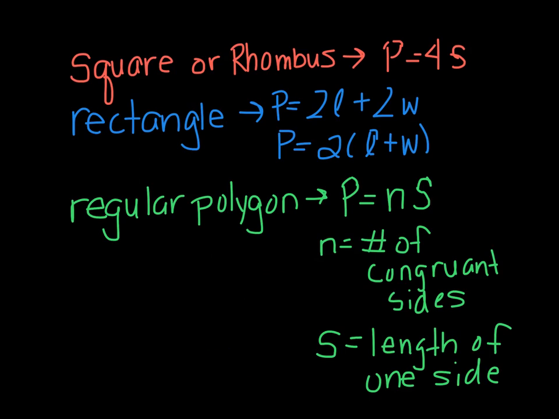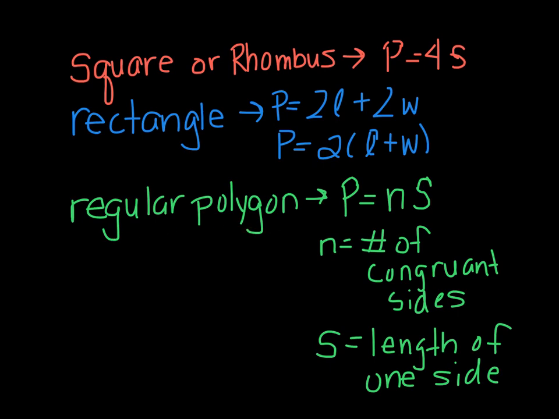Here are the other formulas that you'll need to write down in order to complete today's lesson, so you have them in your notes and can refer to them whenever you need them. The first one is square or rhombus, and that is P equals 4S, where S is the length of one side. Then the rectangle: P equals 2 times the length plus 2 times the width, or P equals 2 times the length plus width.